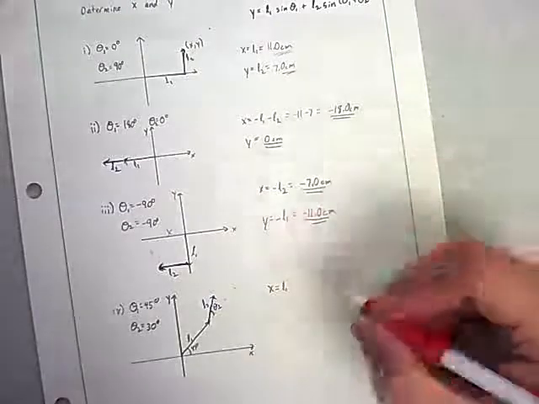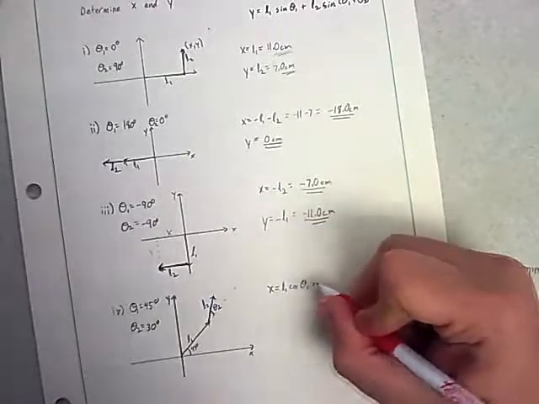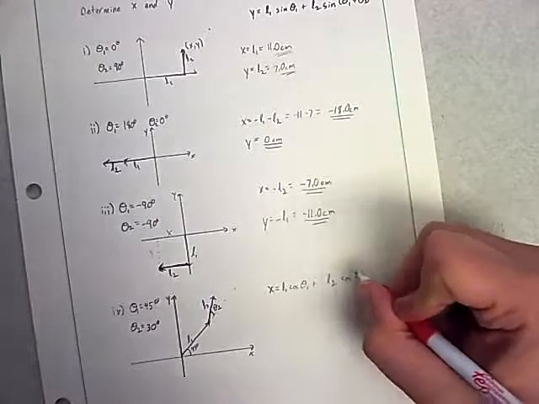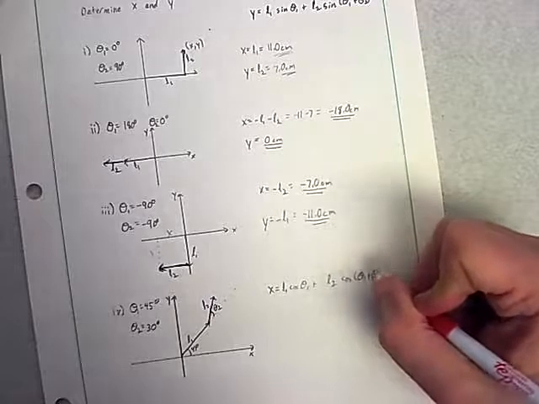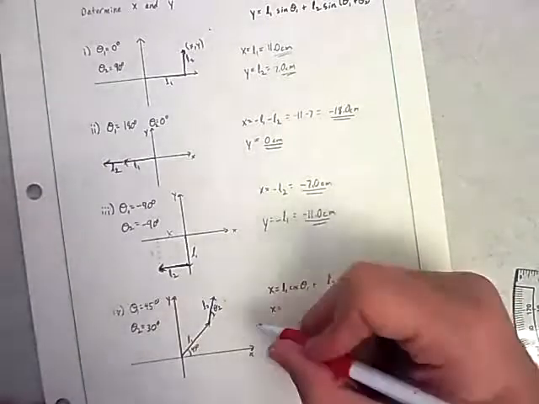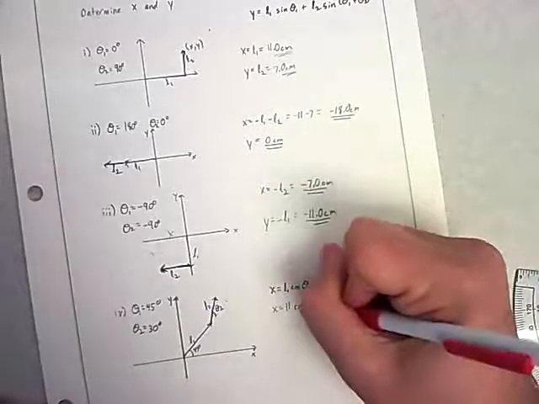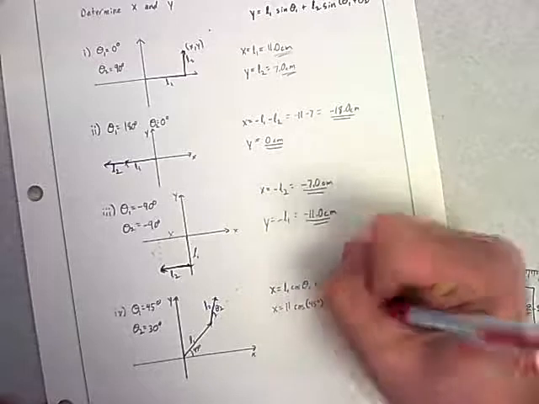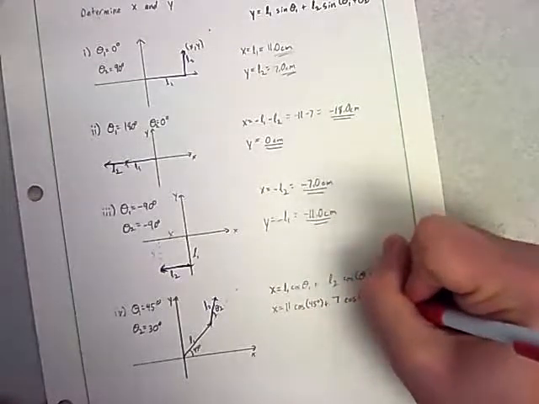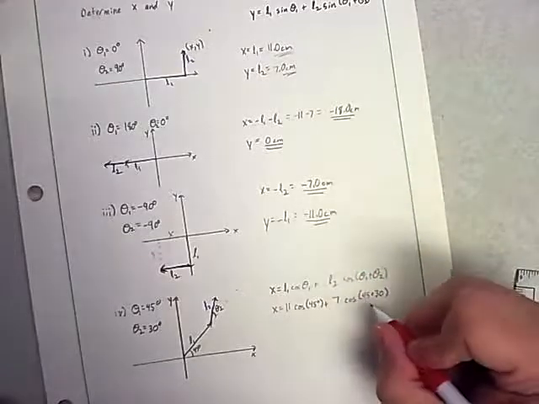Let's just go ahead and write out the formula again, and then plug in the values. L1 we know is 11. Cosine theta 1 is 45 degrees. L2 is 7. Cosine of 45 plus 30, so that's going to end up being 75 degrees.